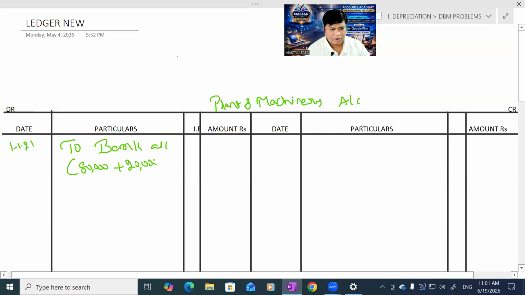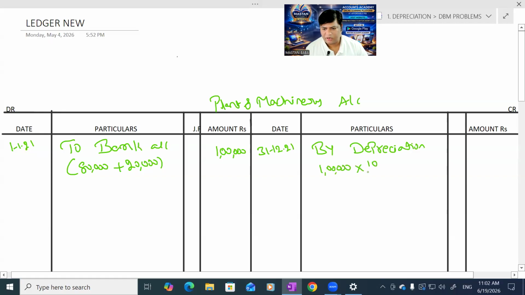It comes to 1 lakh. So the cost of the asset is 1 lakh. And they're following the calendar year, so the year ending comes on 31st December 2021. By depreciation, on 1 lakh calculate 10%. It comes to 10,000.